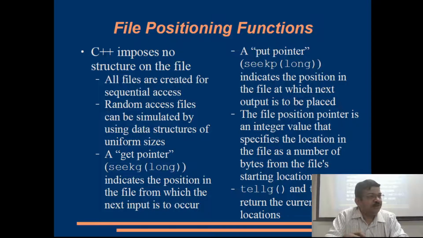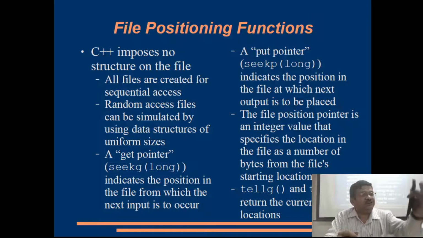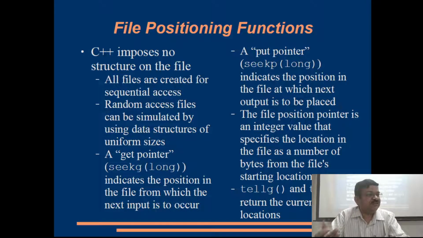You can get a pointer to the current location and then seek the location you want to go to, with the seek pointer. That is another command. These can be used to go to the desired place rather quickly instead of accessing one after the other. Accessing one after the other would be reading data, discarding it, reading another line, discarding it, reading another line, discarding it. That's sequential access.